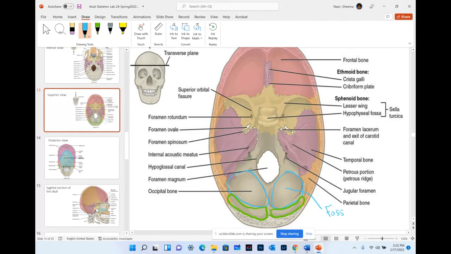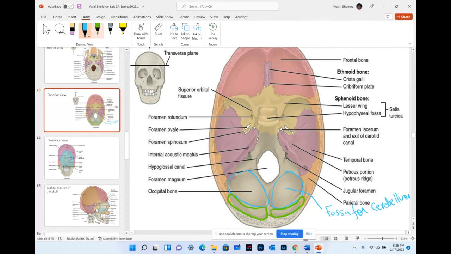This is the place where the cerebellum of the brain sits.